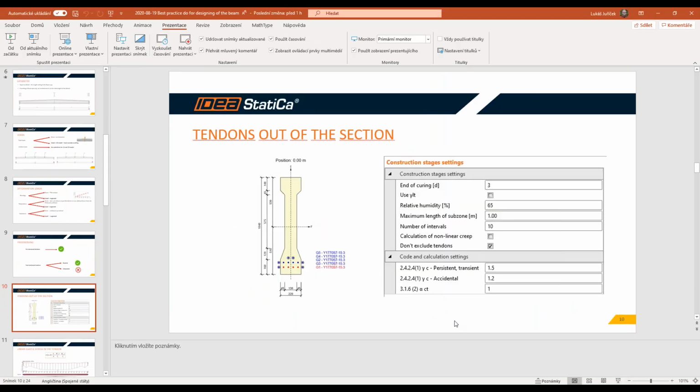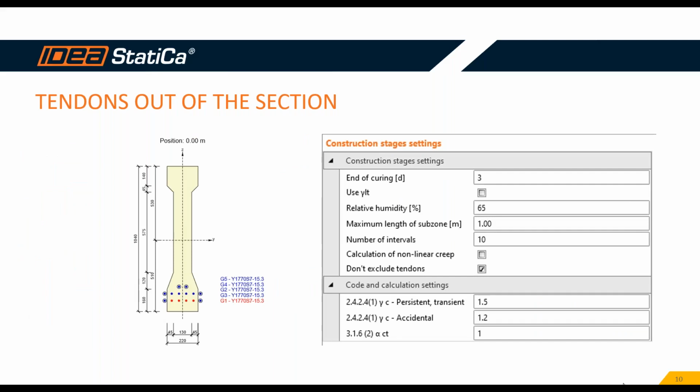What is really important, I forgot, that there can appear that some tendons during the modeling will be out of the section due to the change of the cross section. So if you would like to consider the tendons in the calculation, you have to switch on don't exclude tendons, and it will be considered during the calculation.